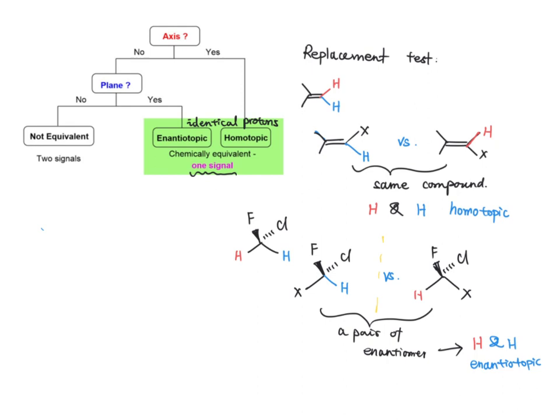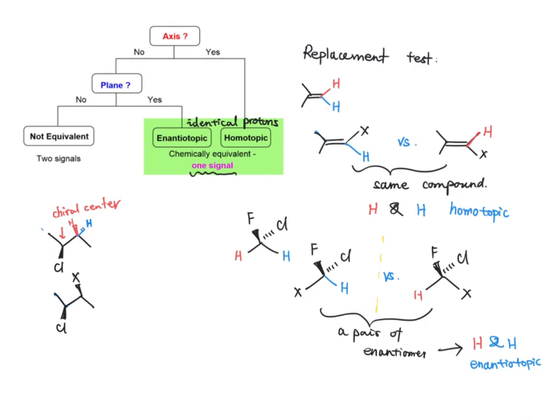So now you may have a question: what if we do the replacement test and we get diastereomers? For example, if we start with this molecule right here, what I'm going to put here is a chlorine. That means what we are looking at here is a chiral center. And we are going to look at this hydrogen right here and this hydrogen right here. Let's do the test. First I'm going to replace the red one with an X. I'm going to draw this as a bond line.